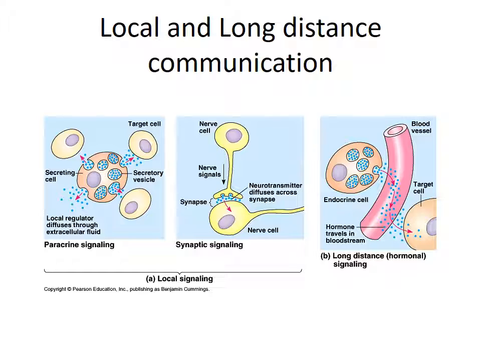Another way that they can communicate is by using chemical messages, and these can be both local and long distance communication. Okay, local signaling, as you can see over here on the left hand side of this diagram, we have a cell that is secreting messages, and as you see, secretory vesicles.